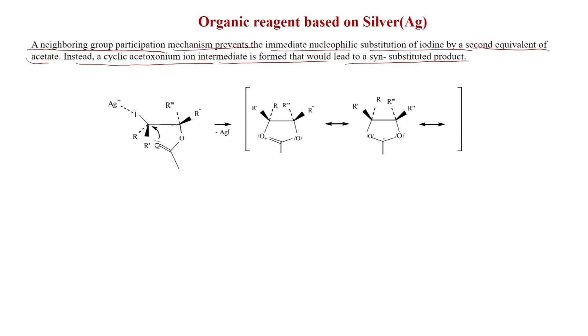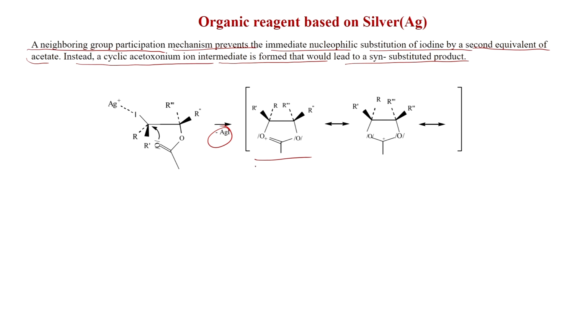So the substitution reaction happens with the neighboring group because it is an intramolecular process and that is quite fast. So here the acetate anion is present in such a way that it can do a nucleophilic substitution, and with elimination of silver iodide you get this cyclic oxonium ion.